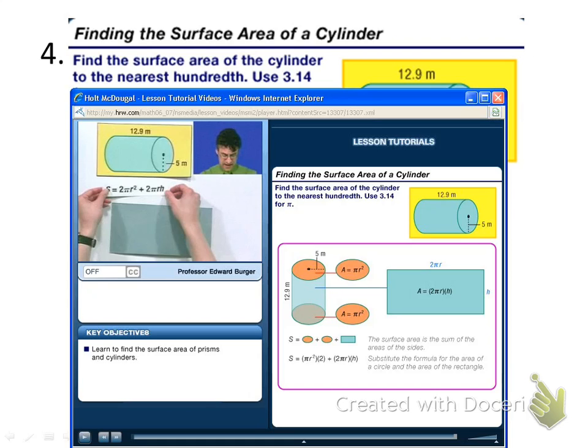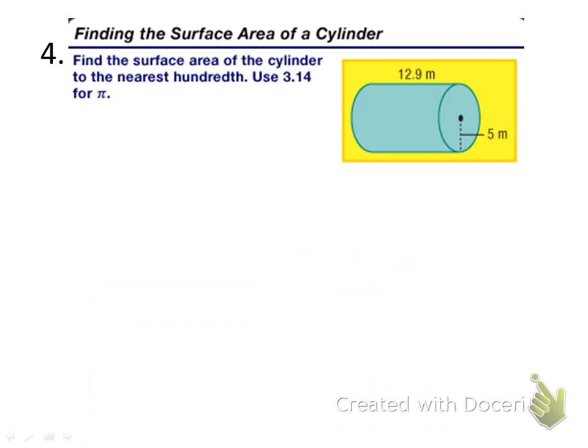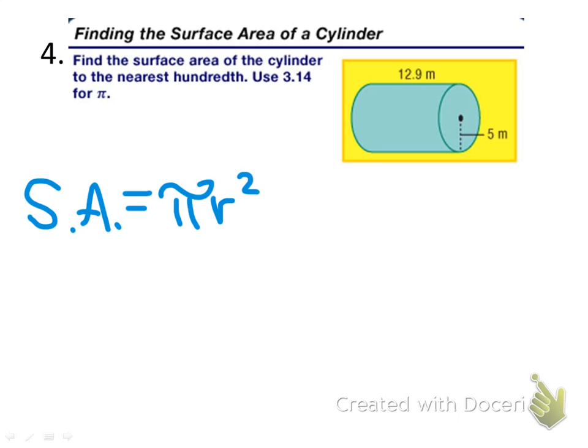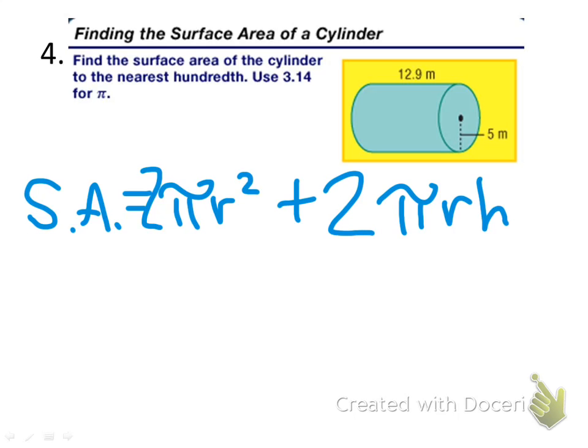Does it say squared or h? H. It says r h, so there's no square. So that's what we're going to write down, and we are going to solve it. So write down on your paper, SA equals pi r squared times 2 plus 2 pi r h.